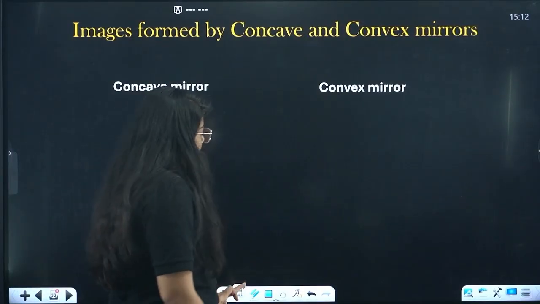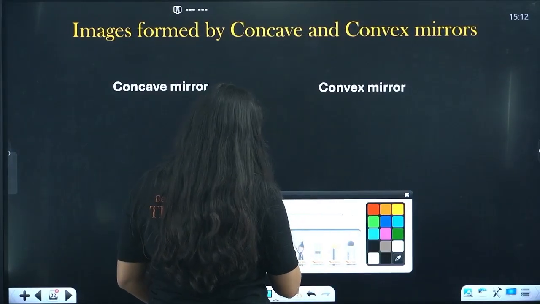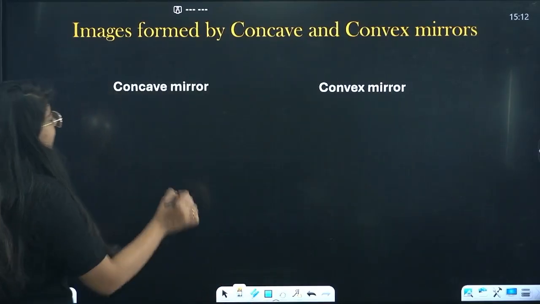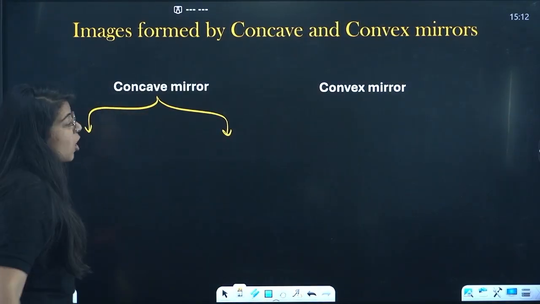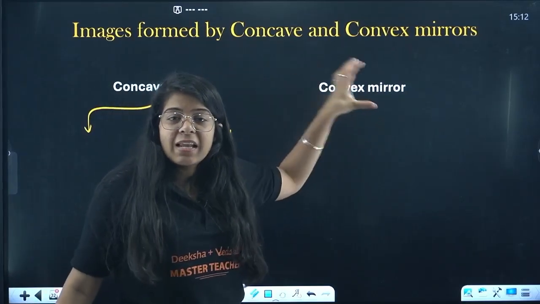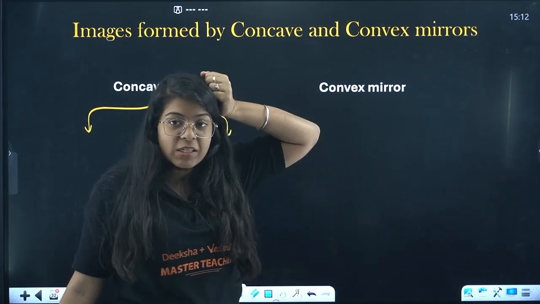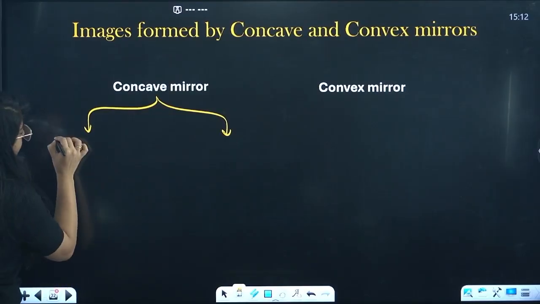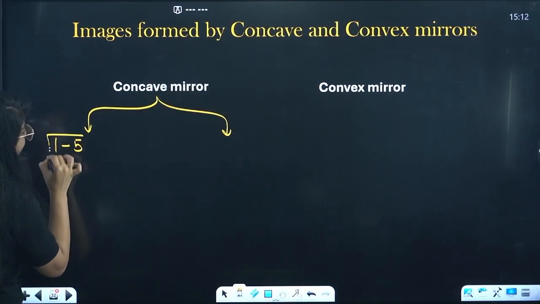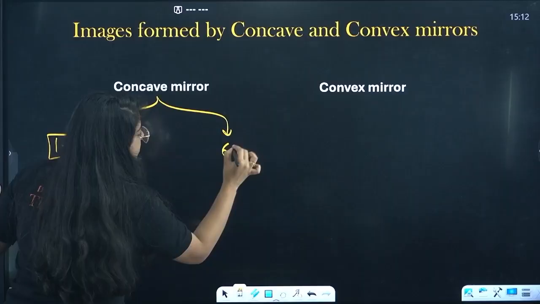Yes. Now beta, see what happened. We saw two things. In the concave mirror, we had two cases. You have to make sure that you read this slide with your full mind and capacity. First 5 cases, 1 to 5, and a 6th case, right?